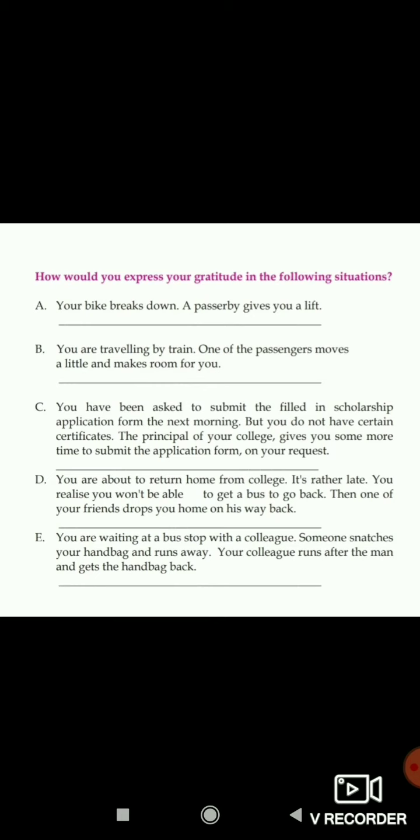I want all of you to complete the workbook and take the help of the box given at the beginning of the language functions, formal or informal expressions, that has been given in the textbook itself. You can take the help of those two boxes, formal and informal expressions, and complete the workbook.